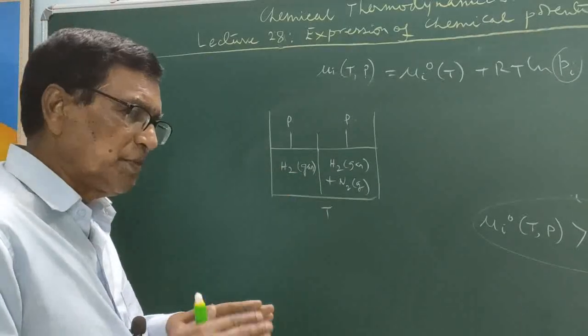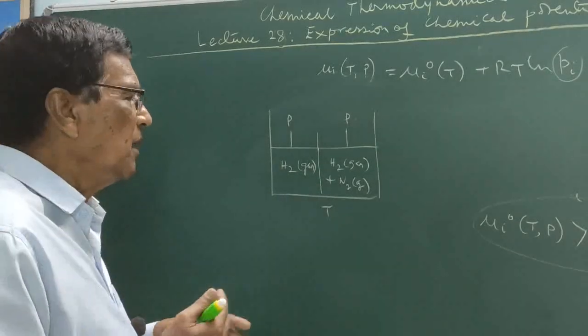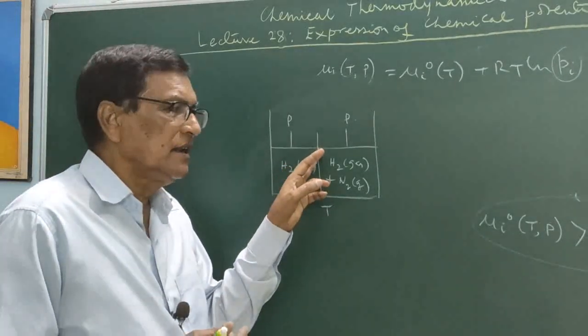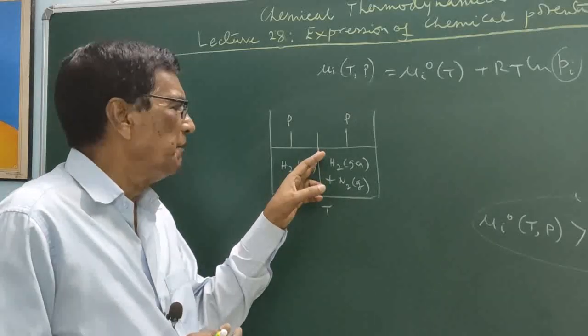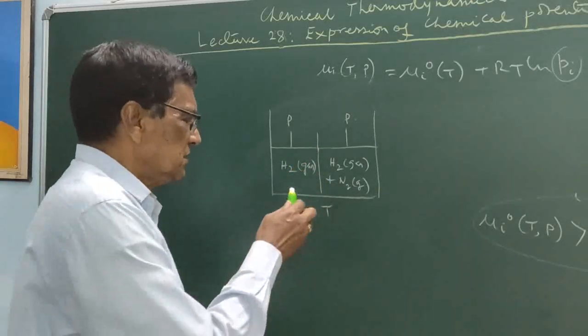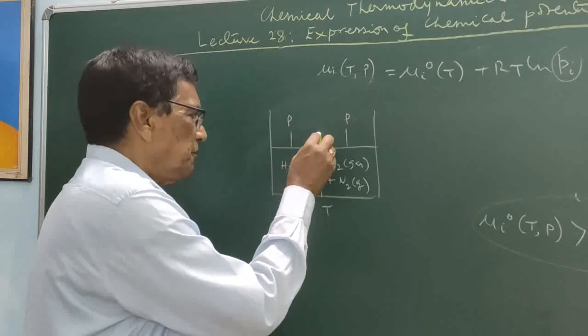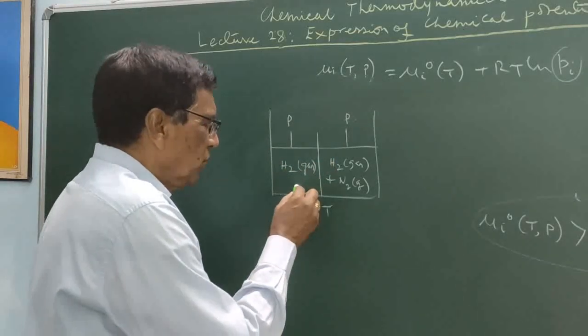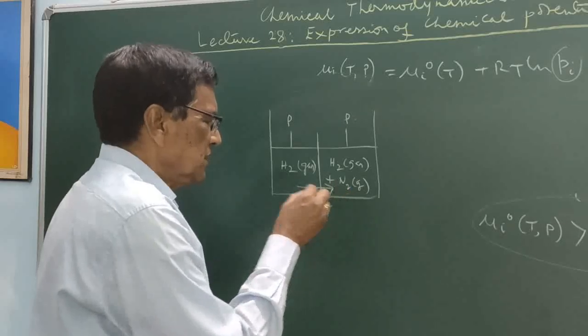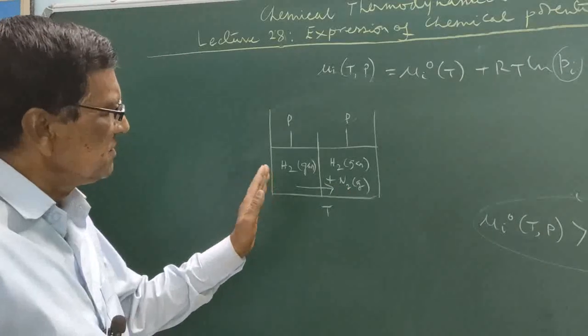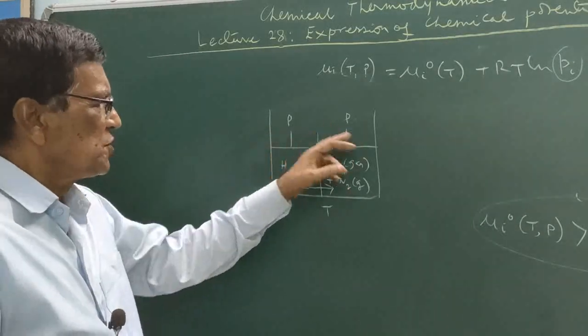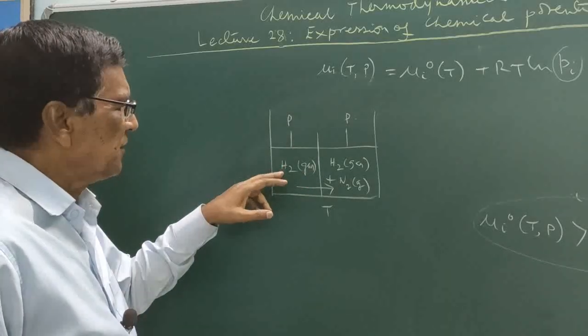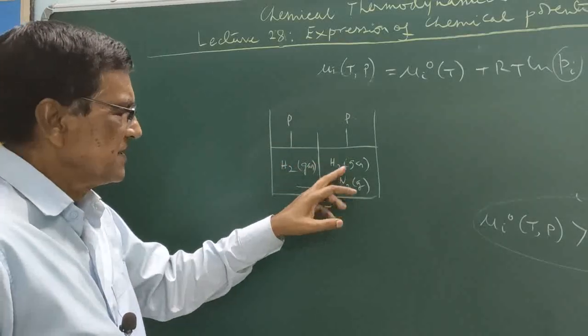Hydrogen gas will be permeable through this thin palladium metal foil. If this partition is inserted, then hydrogen will move from this side to this side. The reason is that both have the same pressure, but here the hydrogen gas is in a pure state, and here the hydrogen gas is in a mixture.